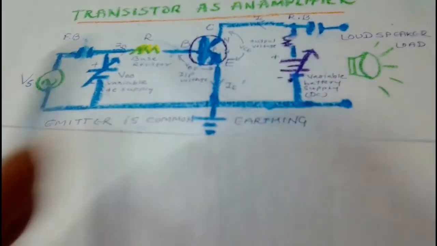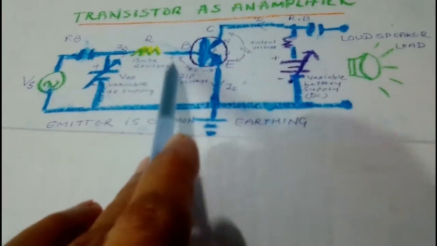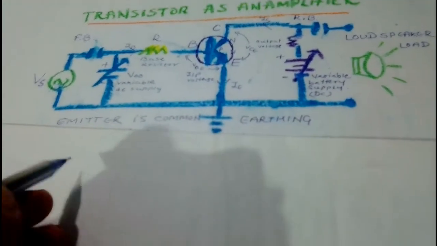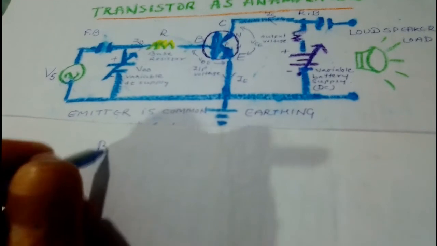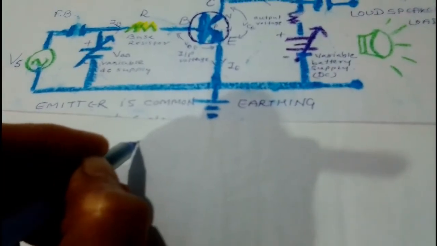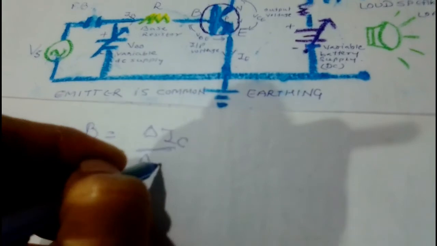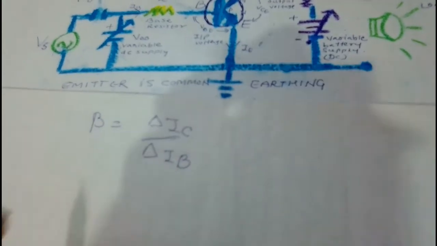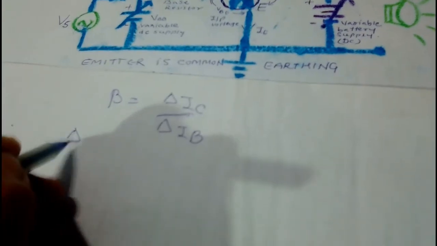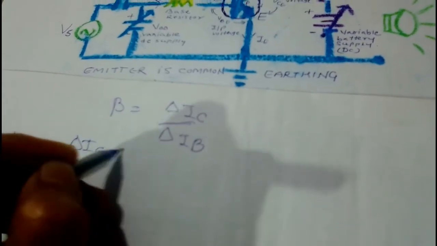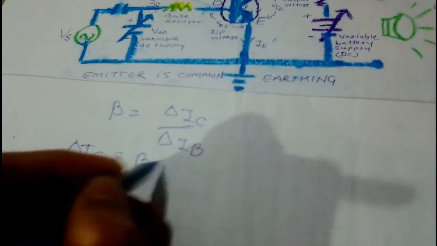So beta is equal to change in collector current delta IC upon change in base current delta IB. So delta IC is beta times delta IB.